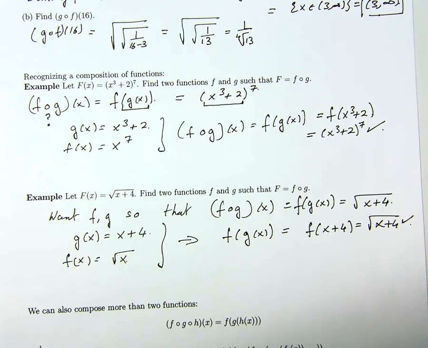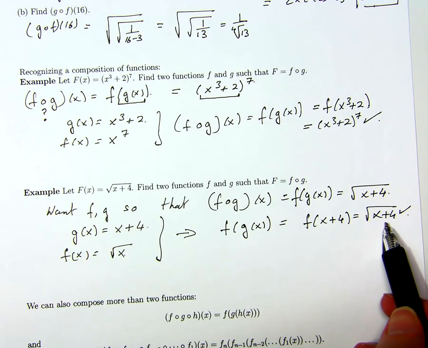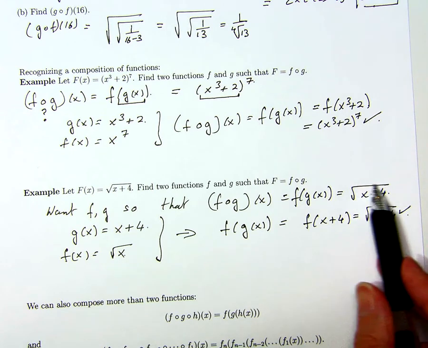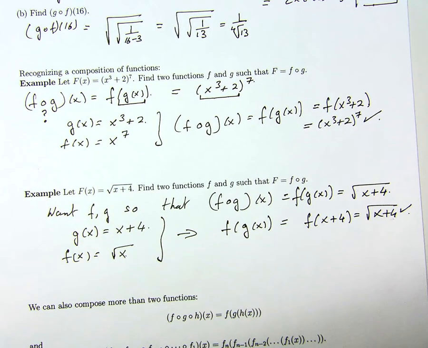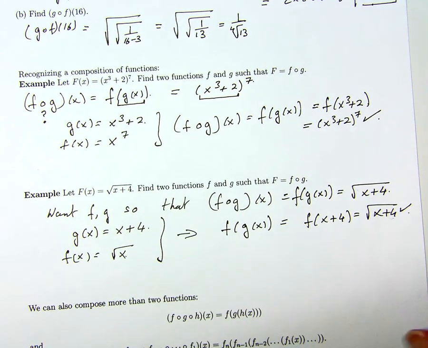And you can check that the domain of this function is all x greater than or equal to minus 4, and this is also the domain of this one. So we've broken this down into a composition of two functions.